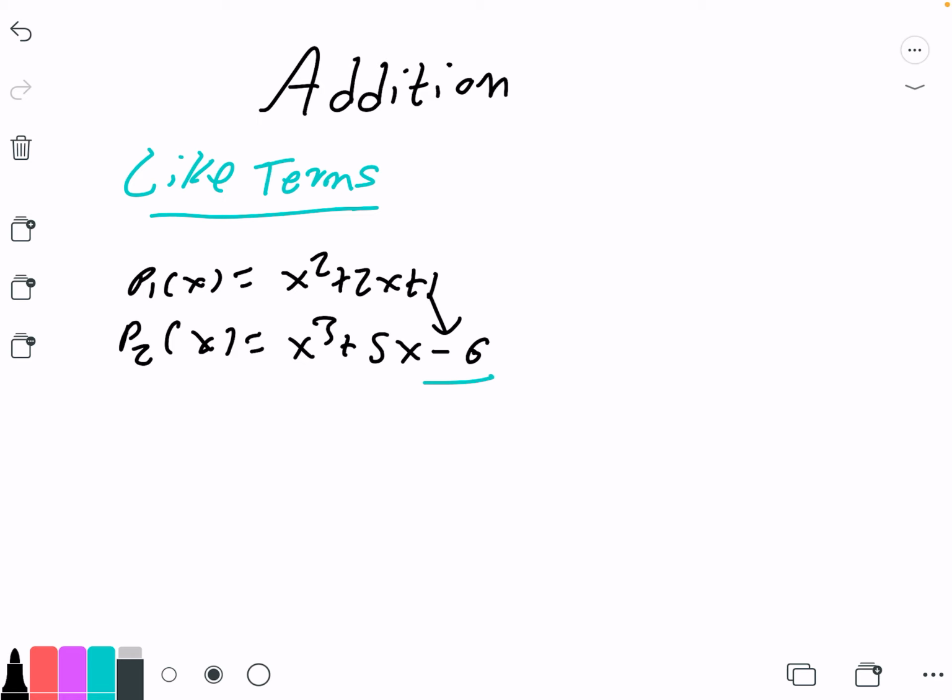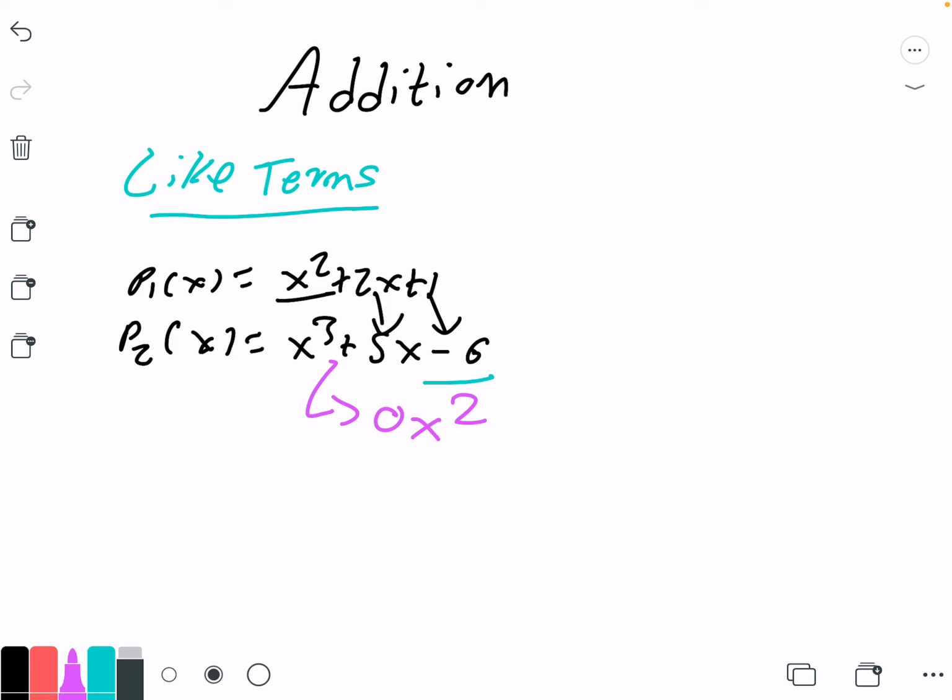For 2x it would be 5x. Now something important here, for x squared we don't have an x squared term in P2, but we can put 0x squared. And for our intents and purposes, we'll treat it as though there is a 0x squared term.